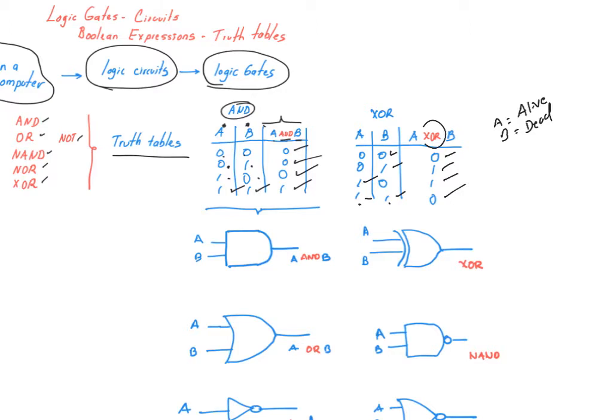All right, so now when we're talking about circuits, we need a way to define those in terms of a diagram, right? So this is the diagram for the AND logic, and it's basically a rectangle that ends in a circle.